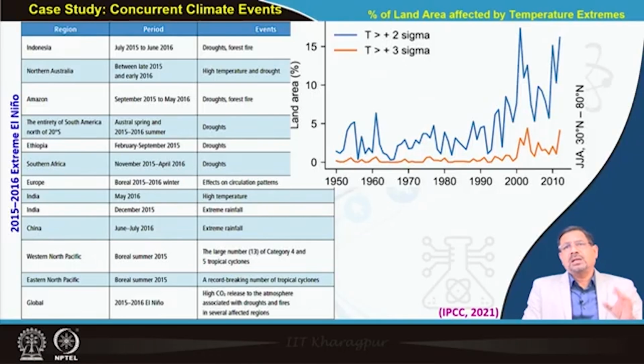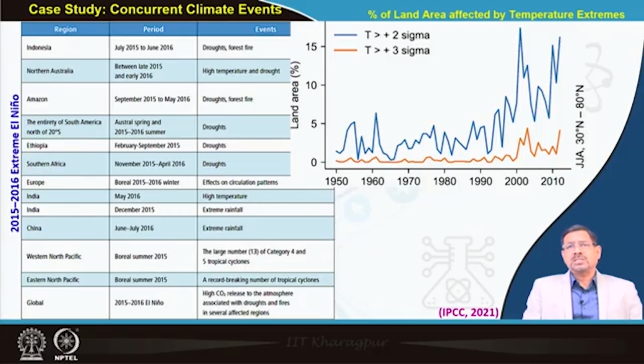So, you can see the middle to high latitudes have been taken. And then more importantly, the blue curve indicates the temperature is greater than plus or minus 2 sigma.